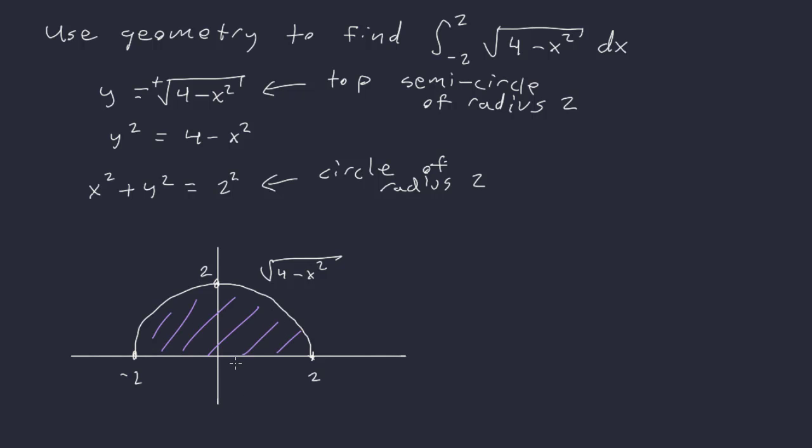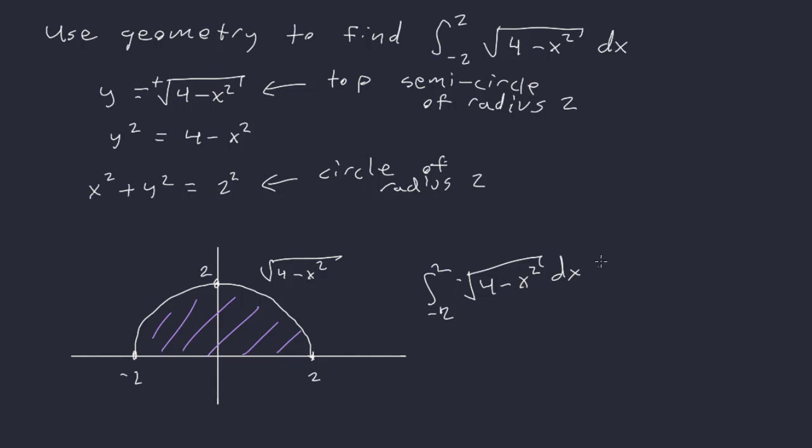So there's nothing below the x-axis, just stuff above the x-axis. So we're going to get a positive definite integral. And so the definite integral from -2 to 2 of square root 4 minus x squared dx, well, it's going to be the area of this region.